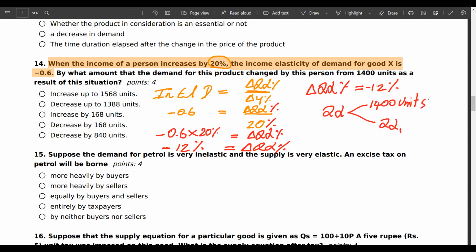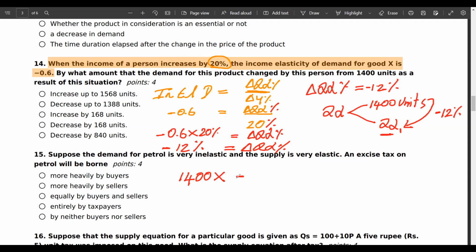But we know for sure this difference, this increase or decrease in quantity demanded, whatever, is in percentage minus 12%. The change from 1,400 units to whatever quantity you have at this QD1 point is minus 12%.